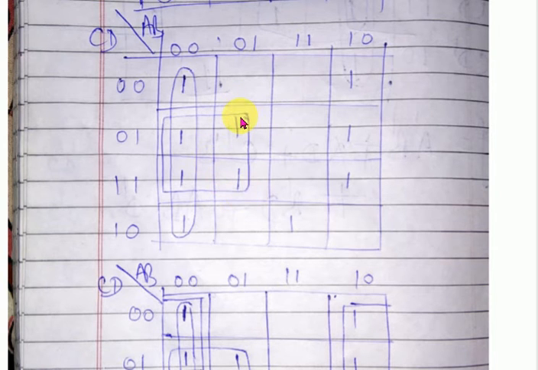We will combine them using 4 cells and draw this basic block to cover the remaining ones. So now we have the ones which are not covered by the basic blocks: this one, this one, this one, this one, and this one.